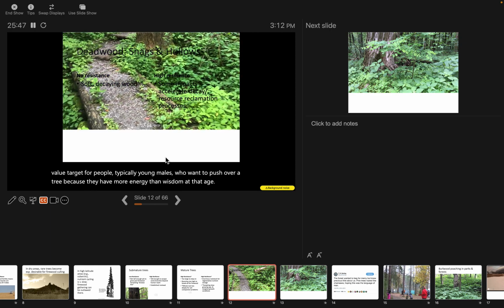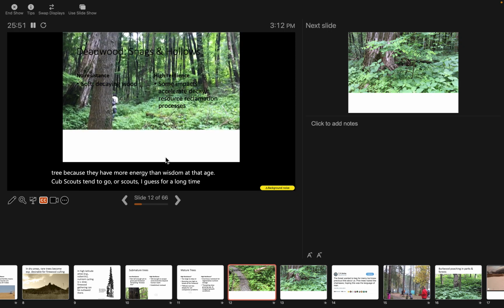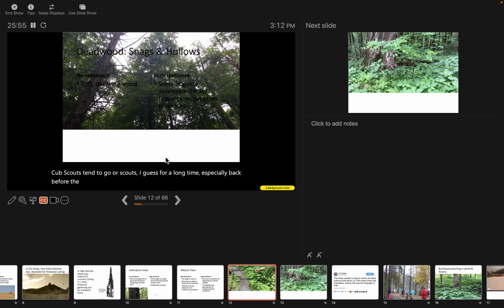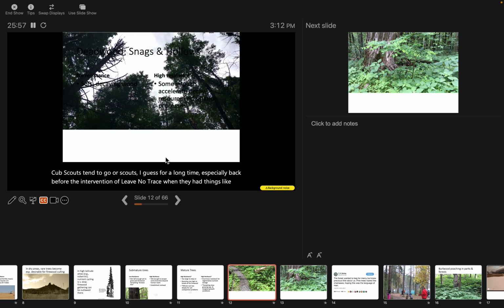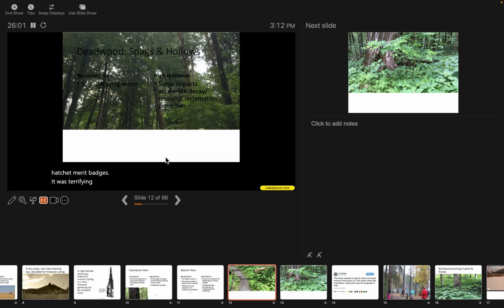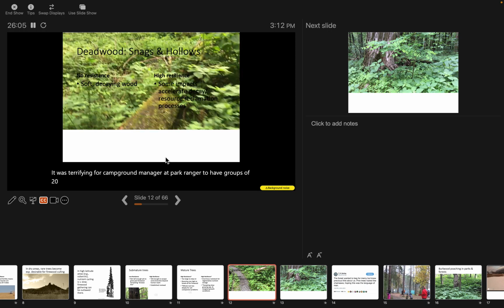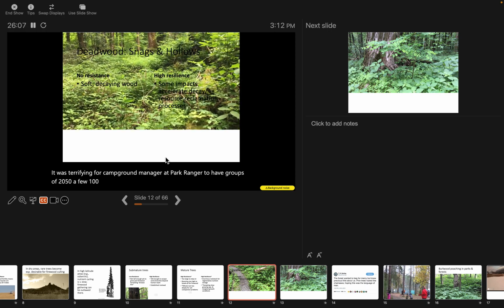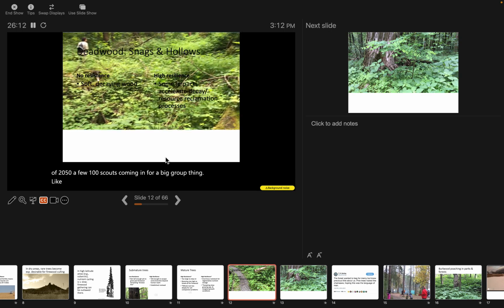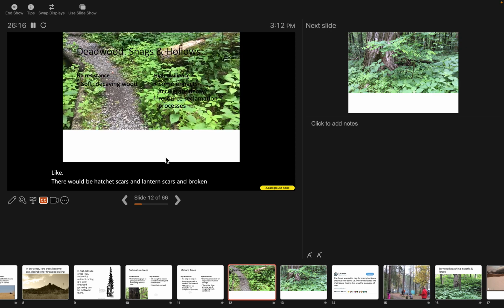Cub Scouts tend to go, or Scouts, I guess, for a long time, especially back before the intervention of Leave No Trace, when they had things like hatchet merit badges. It was terrifying for a campground manager or a park ranger to have groups of 20, 50, a few hundred scouts coming in for a big group thing. Like, there would be hatchet scars and lantern scars and broken lower limbs and just everything.